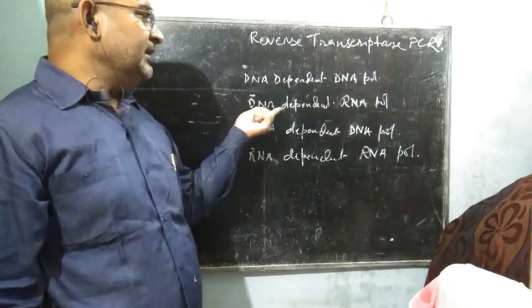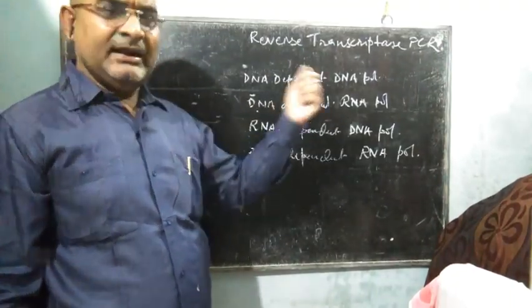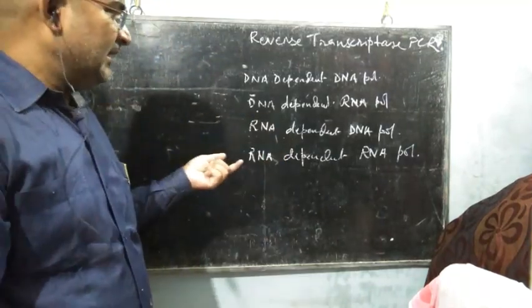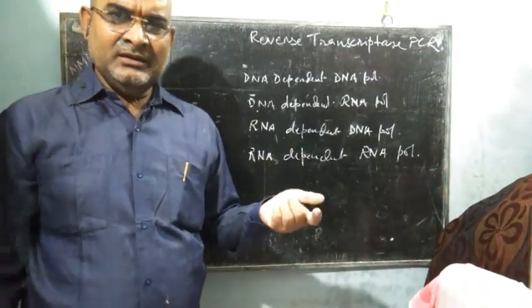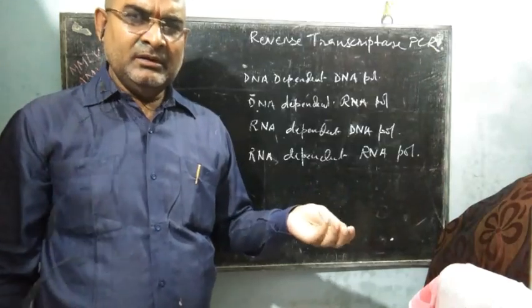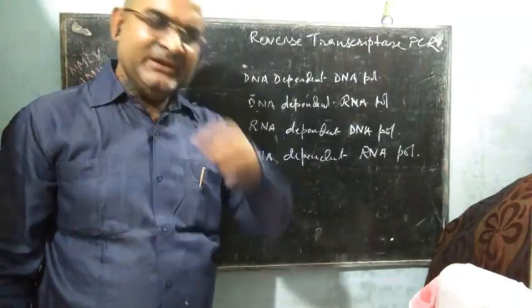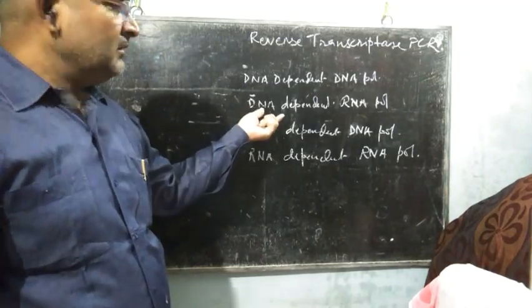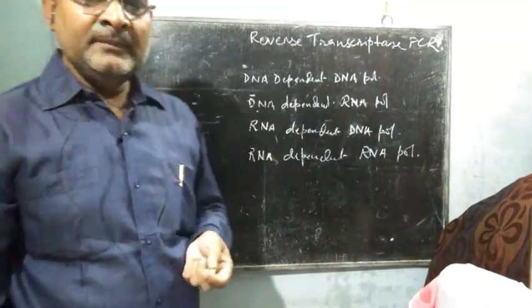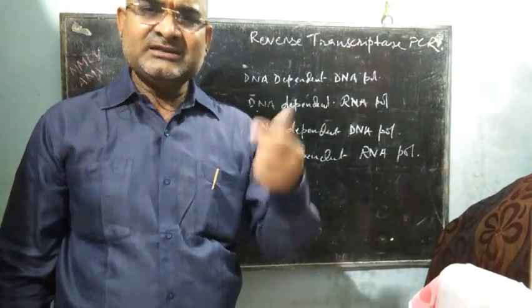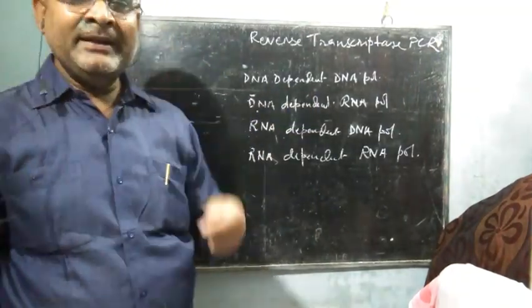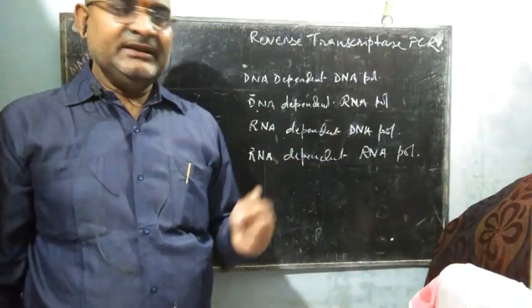The second, DNA dependent RNA polymerase, and a large number of RNA polymerases are studied in the B.Sc classes. These enzymes are responsible for the transcription process, the synthesis of RNA by the use of the DNA template.